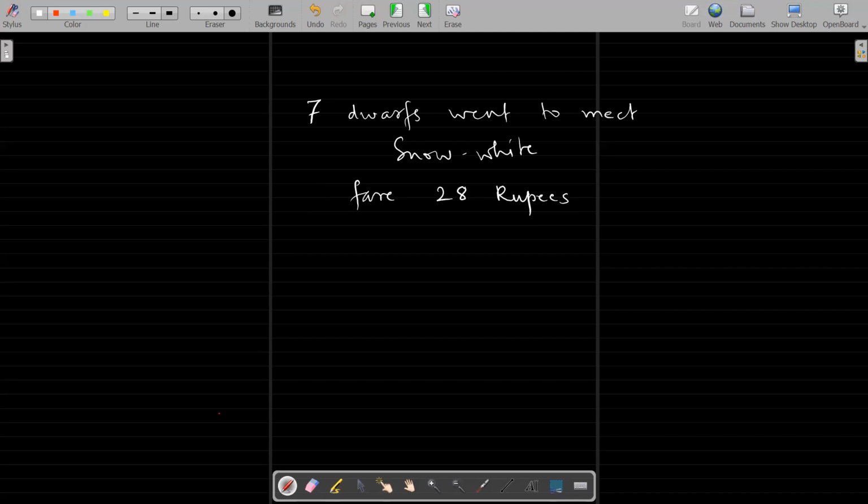Then they decided to share 28 rupees equally among themselves. And one of them was oldest. So he said, this is done by division, let's divide 28 by 7. That will give us everyone's share. So he divided it this way.